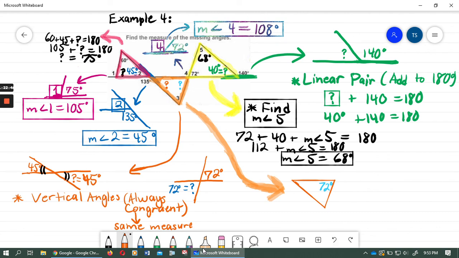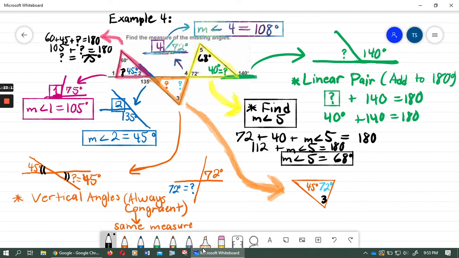Then, folks, we had to find out what the measure of angle 3 was supposed to be, which was that third angle there. So now what we need to do is go ahead and do that.